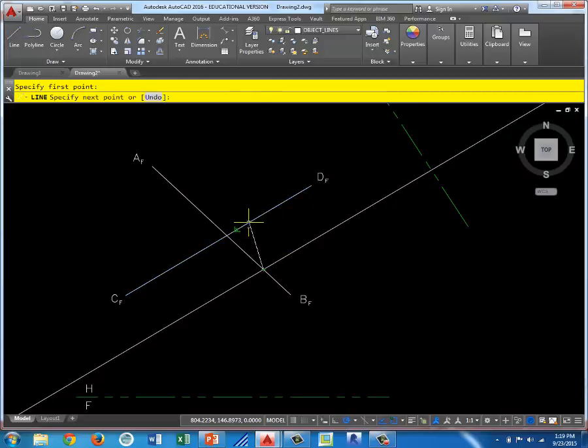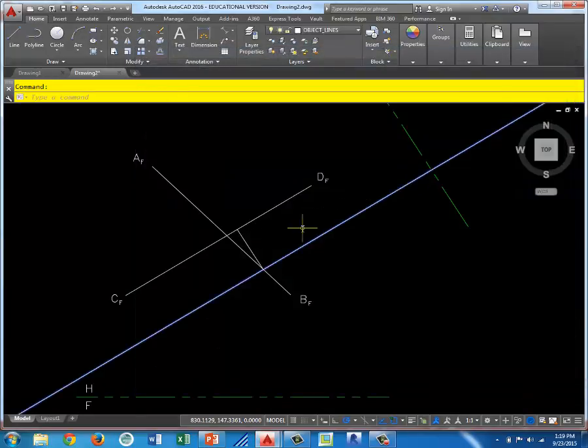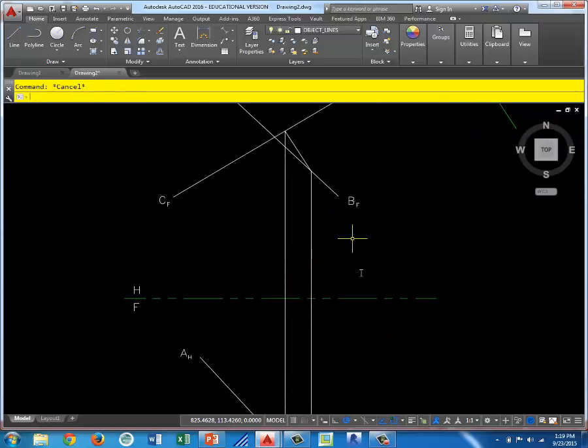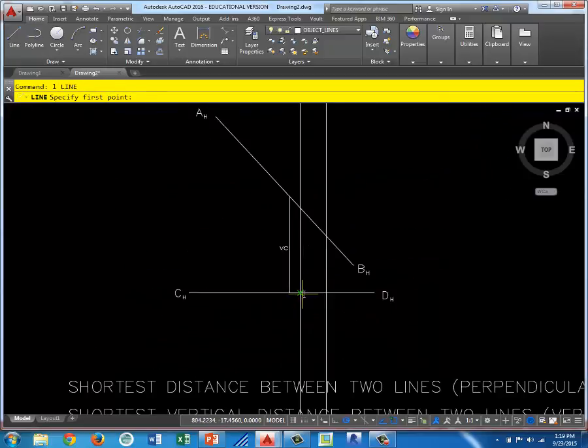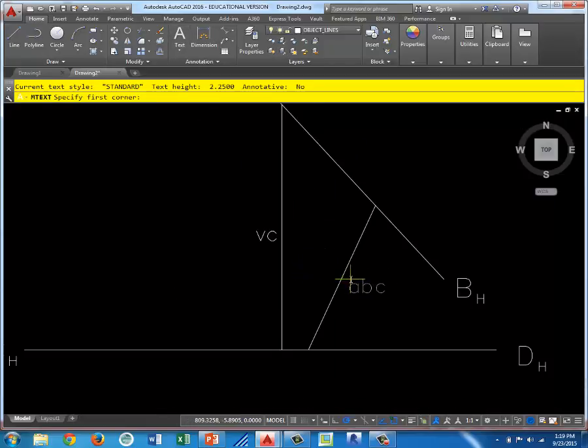So from here, perpendicular. And then I can take those two intersections down. CD on the left, AB on the right. And then again, label PC.